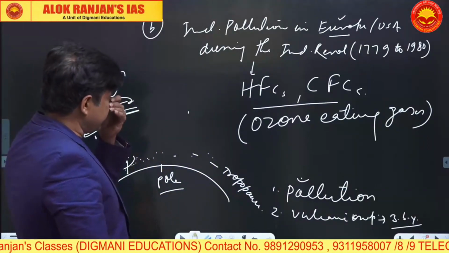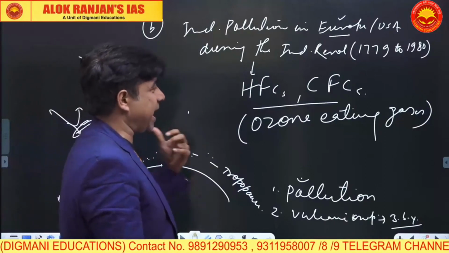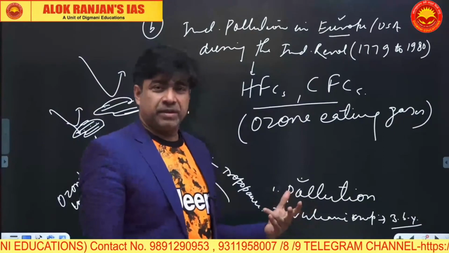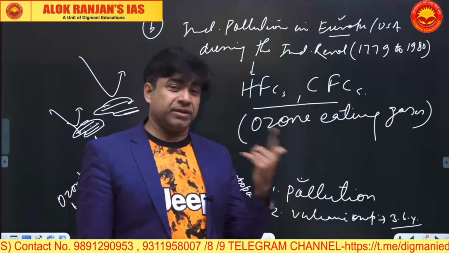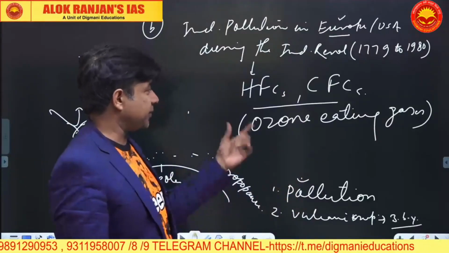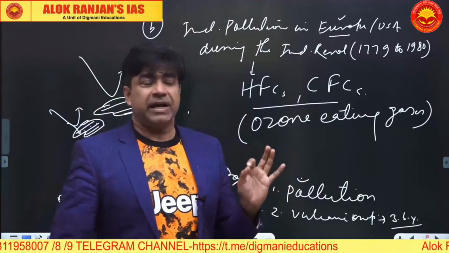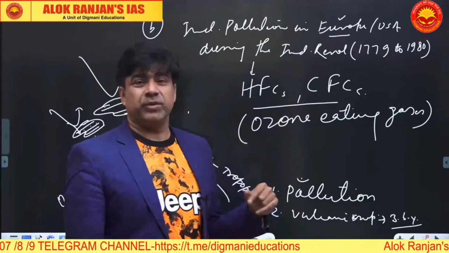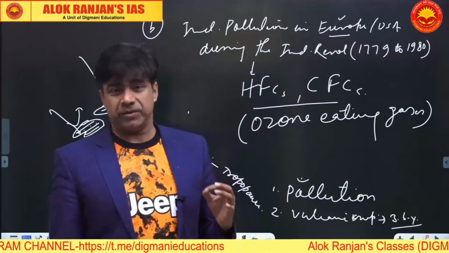So these gases, HFCs, CFCs were added in the atmosphere and they were transported by the stratospheric westerlies towards the pole. They are responsible for the ozone layer depletion or the thinning of the ozone.